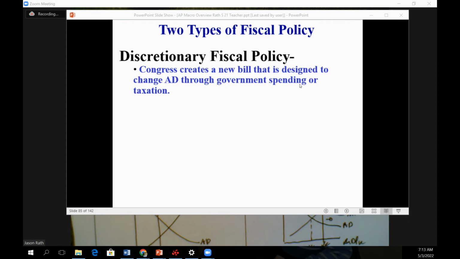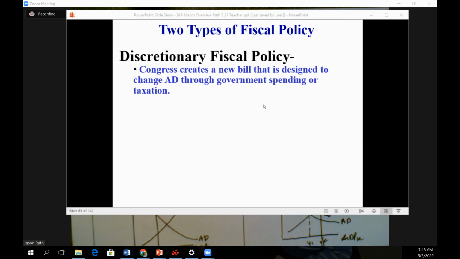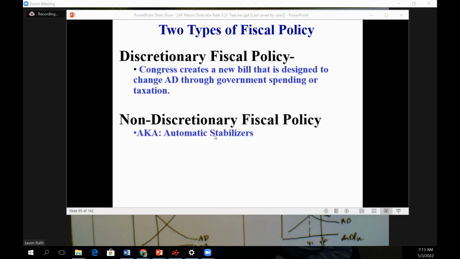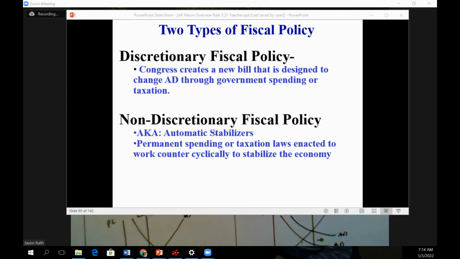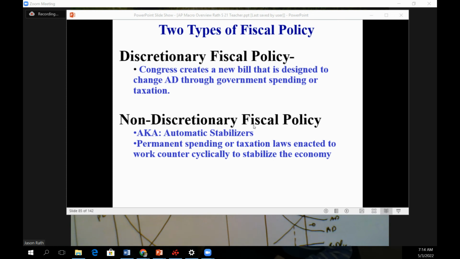Congress creates a new bill that is designed to change aggregate demand through government spending or taxation. Non-discretionary, automatic stabilizers, permanent spending or taxation laws enacted to work counter-cyclically to stabilize the economy. Those are like tax rates and those things that are already in the economy that will shift it to the right or to the left. Welfare, unemployment, minimum wage, etc. Those types of things.